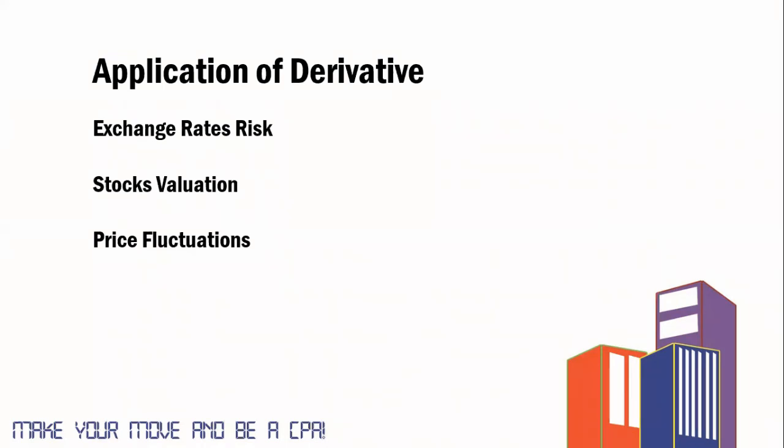Okay? Price fluctuation, almost same with exchange rate. However, I think ma-encounter mo to sa financial accounting, no? Wherein the price of a commodity can be pegged or can be fixed through the derivative contract. Okay?